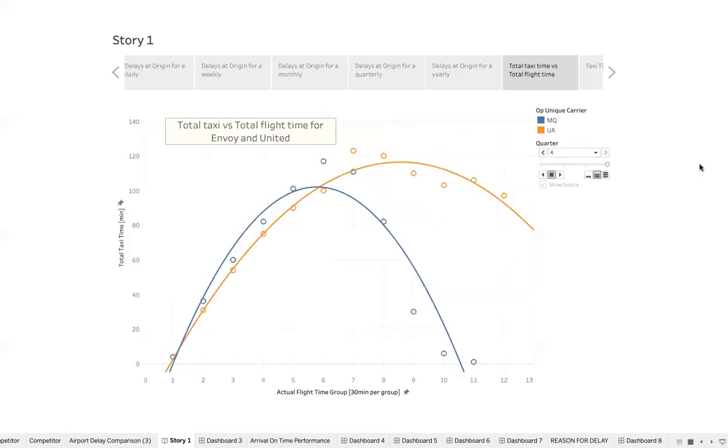So this is total taxi time versus total flight time, and the actual flight time is divided into groups, 30 minutes per group, and we have 12 groups. So this shows on a quarterly basis.